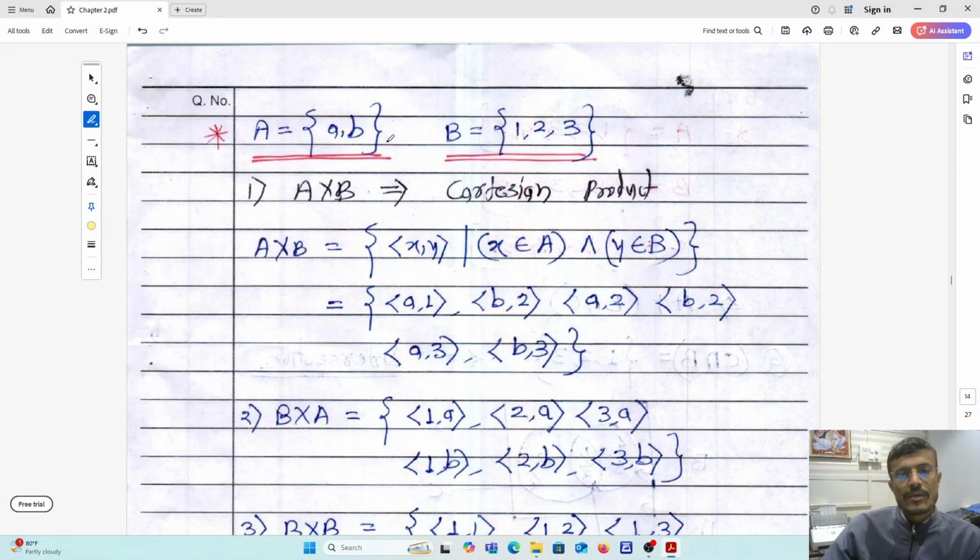Cartesian product. For example, A is one set given to you, containing 2 elements a and b, and B is equal to 1, 2, 3. You have to find A cross B. So what is meant by A cross B?